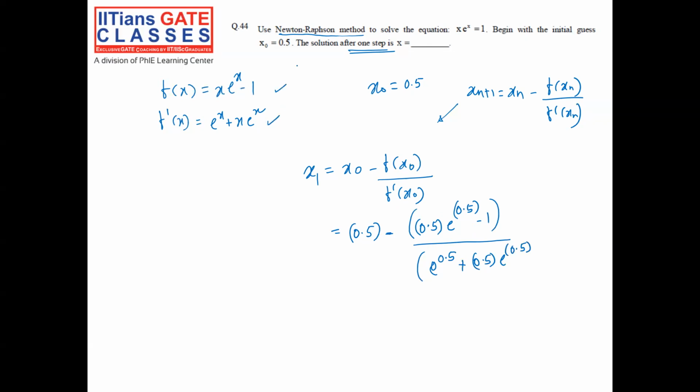So in these two equations, I'm just putting the values. And once we solve this, we'll end up with the answer 0.517. Okay, so the solution after one step is x equal to 0.517.